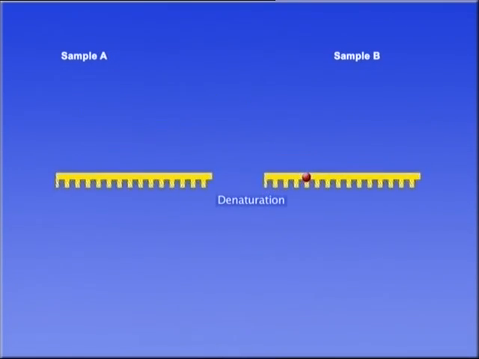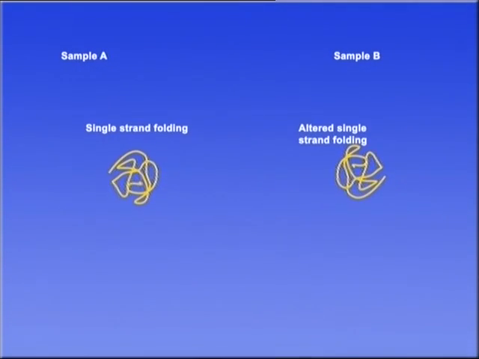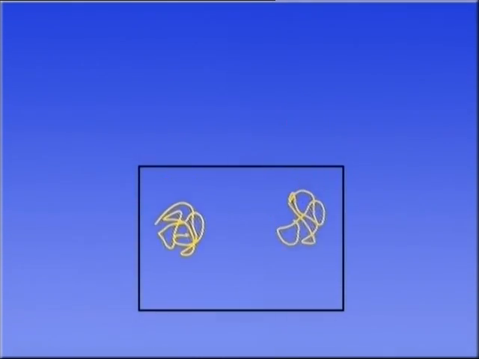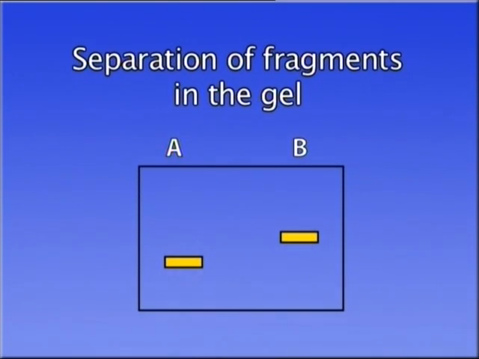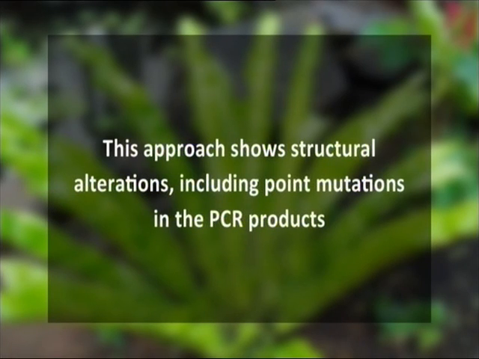Subsequently, the PCR product is denatured and analyzed by electrophoresis on a non-denaturing polyacrylamide gel. Mutations are detected by altered mobility of separated strands relative to the strands of the normal wild-type PCR products. This approach shows structural alterations including point mutations in PCR products.